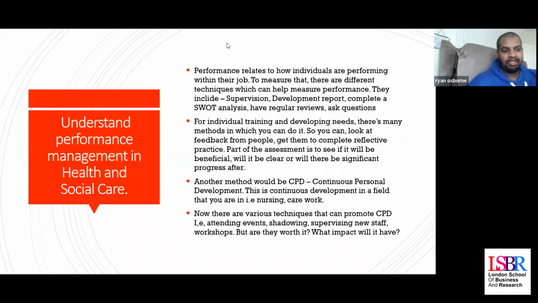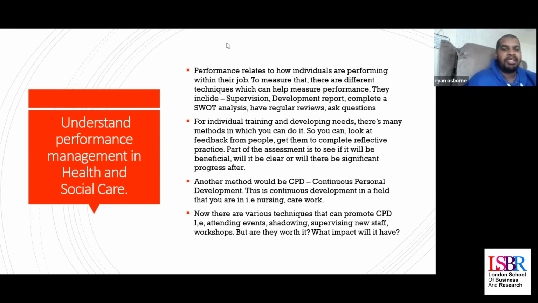Shadowing a senior care worker or a care supervisor is basically you speaking to people and seeing how they do their job. So you will be seeing what they do, how they communicate, what it is you need to do that job.